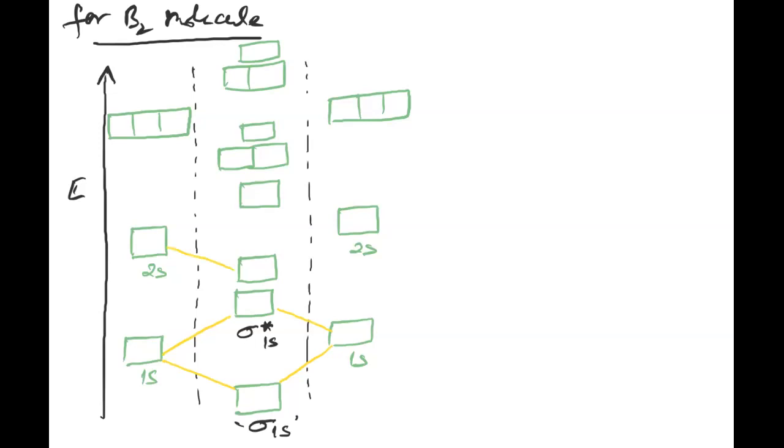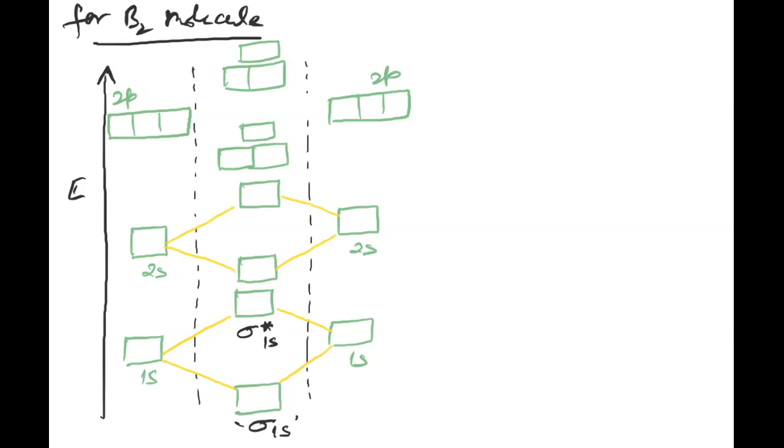In the case of 2s, again two molecular orbitals will be formed. In the case of 2p orbitals, we have 2px, 2py, and 2pz. So this may be 2p and 2p involving all three, 2px, 2py, and 2pz.